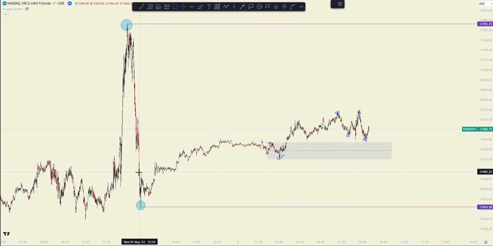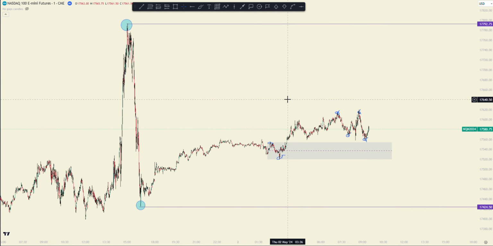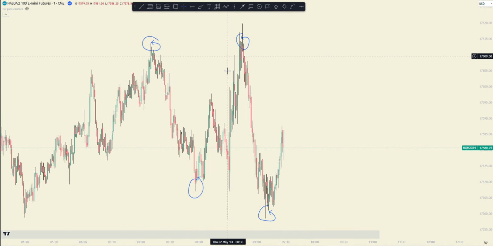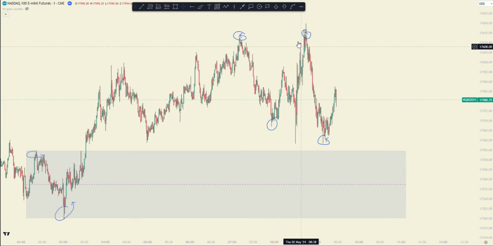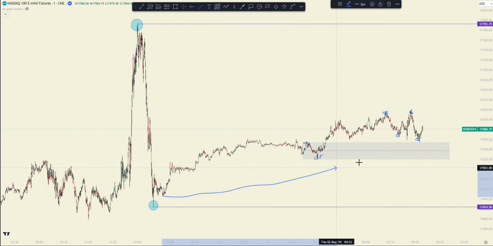You just have to know that we have a bottom of a range somewhere down here, and that we end up having a top of a range somewhere up here. Keep in mind that these drawn blue circles with the drawing tool are internal structure. So if we do break out either the high or low, what happens to all this stuff in here?